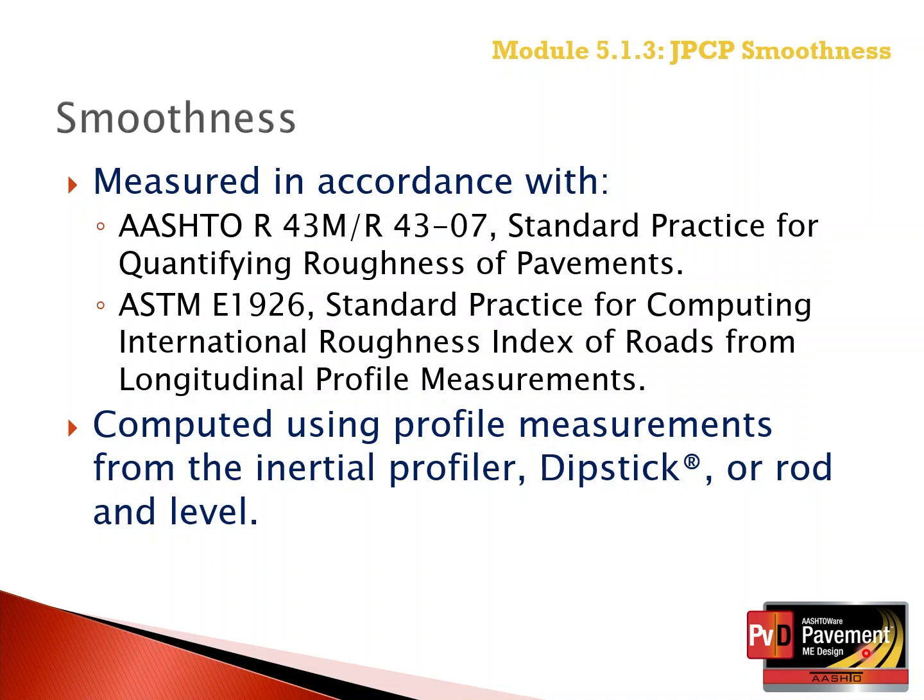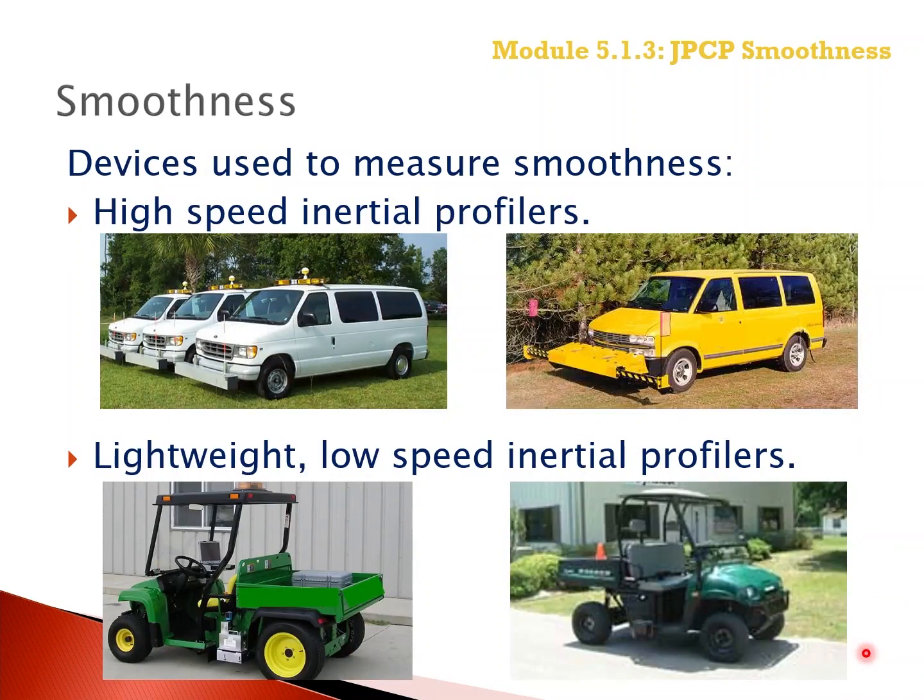The IRI is computed using profile measurements from devices such as the inertial profiler, the dipstick, as well as from rod and level surveys. The devices commonly used to measure smoothness include high-speed inertial profilers, as well as the lightweight, low-speed inertial profilers.